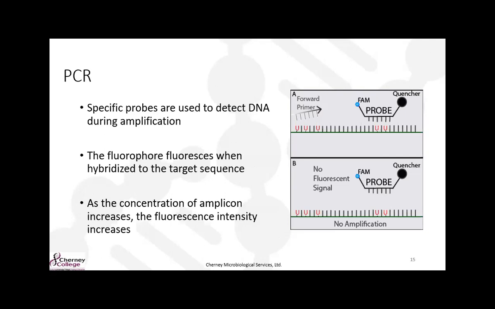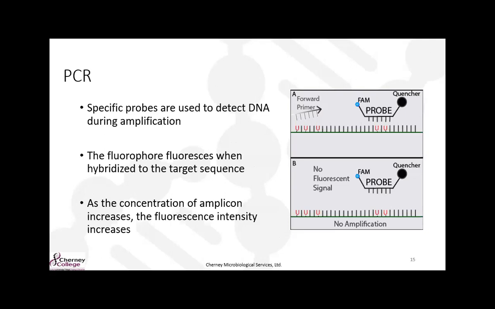It also has a fluorescent marker, much like we talked about with the antigen-antibody interaction. Once the probe attaches, it'll light up a fluorescent marker, and as amplification occurs over and over again, that fluorescent intensity is going to increase. And that's how we're going to detect whether it's presumptive positive or negative.